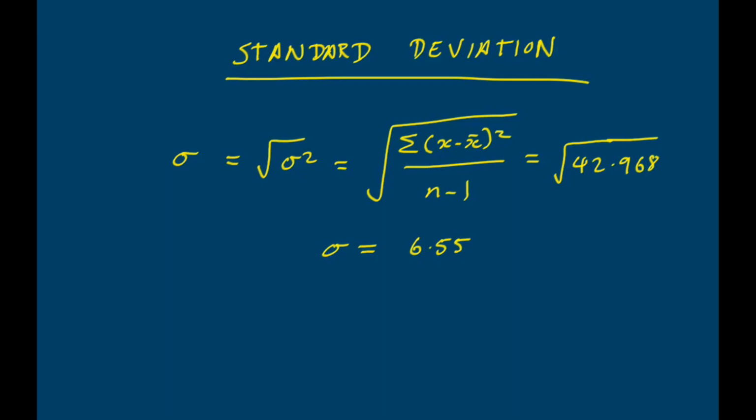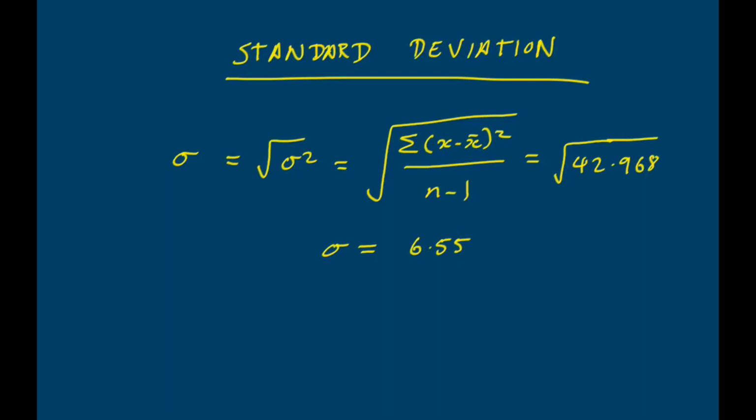And the standard deviation is another very, very useful quantity that we can calculate that tells us important things about our data. If you're dealing with normally distributed data, then all kinds of important things follow if you know what the standard deviation is.